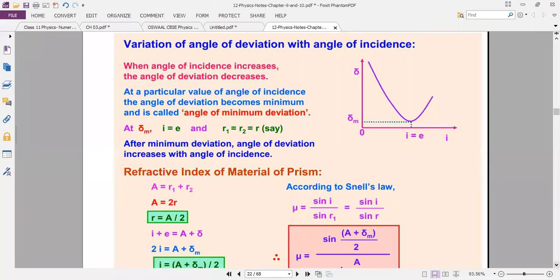Okay. Next one, variation of angle of deviation with the angle of incidence. It is there in your practical syllabus also.